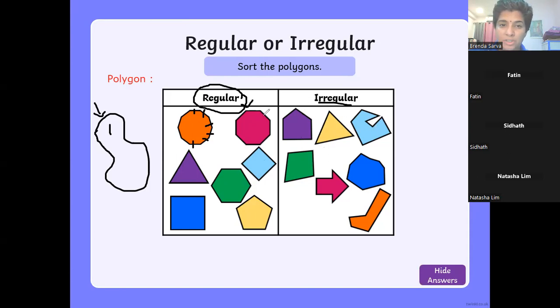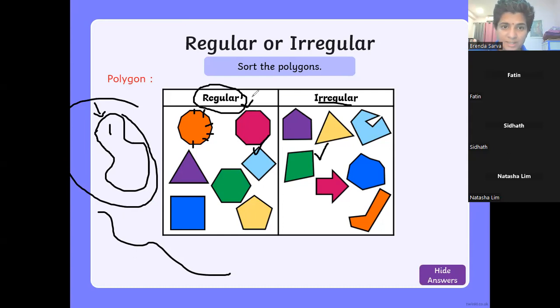But look at both of these shapes. Look at the lines. Look at the sides. Are they curvy? If this is not a polygon and all this is a polygon, it's just that this is a regular polygon, this is an irregular polygon. But both are polygons. And you look at the sides. What's the key word here?